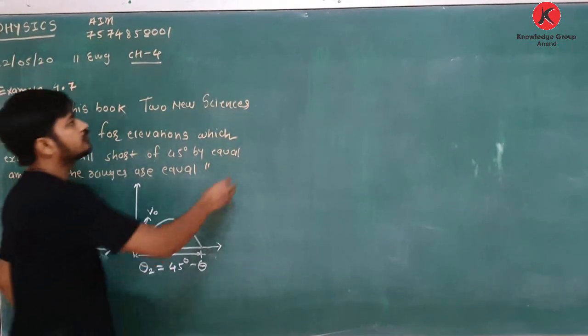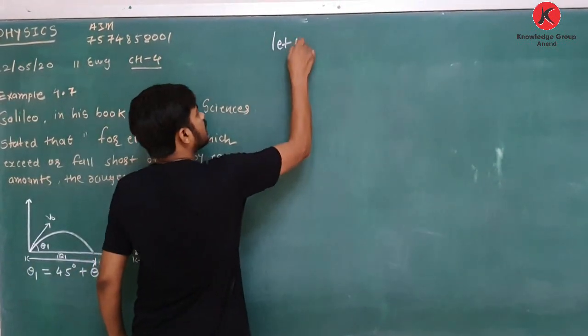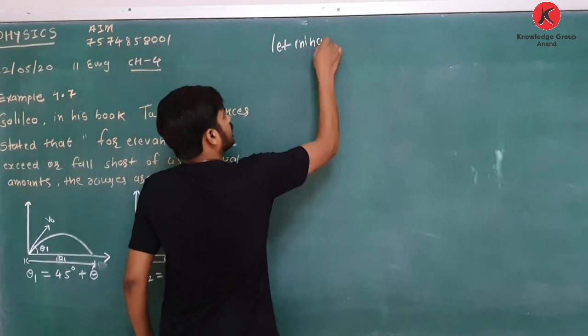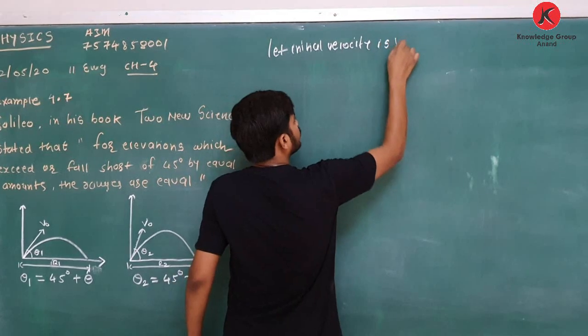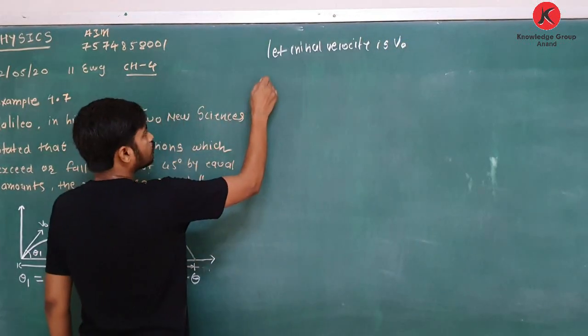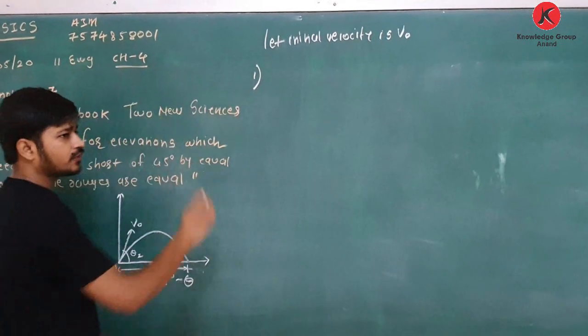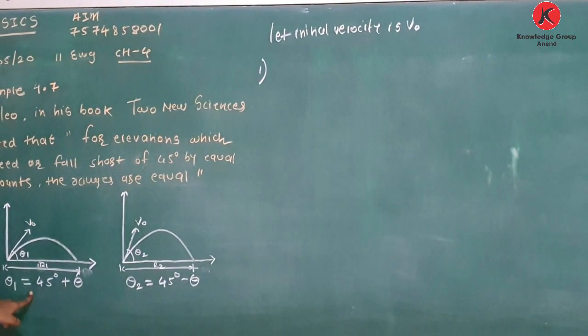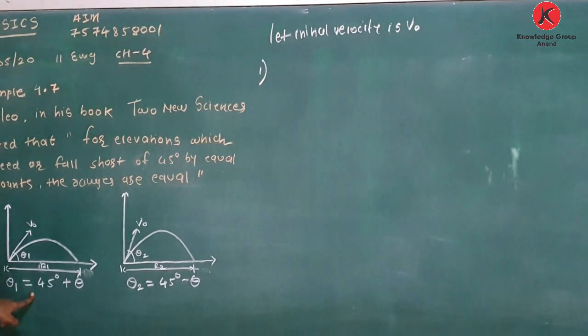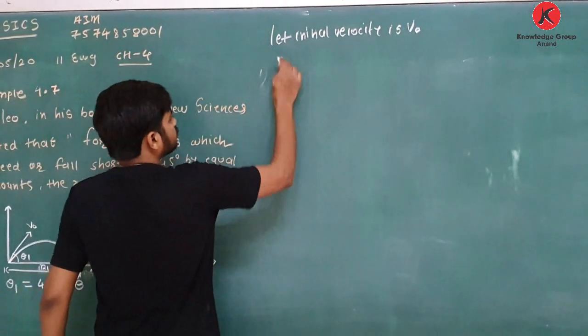Let the initial velocity be v0. Now first case, here we will find range. What is the equation of range? You know the equation of range.